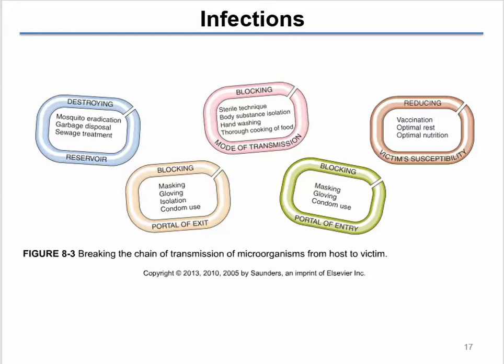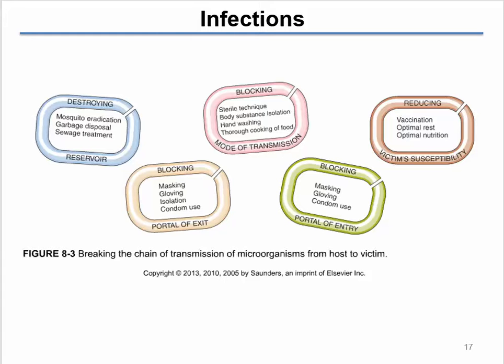You don't want to spread the disease, so you isolate the person that is the reservoir, and you make it so that there's no real portal of exit. Masking, using gloves, using condoms, all of these things are physically blocking the portal of exit.